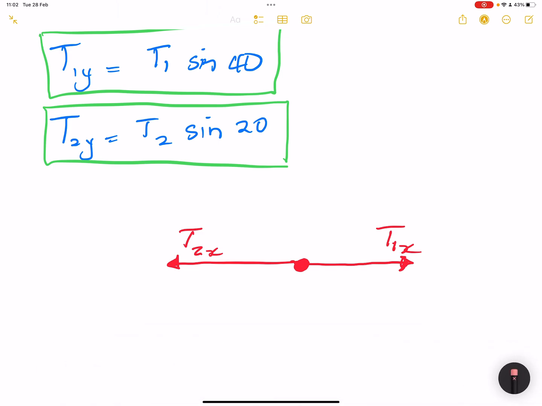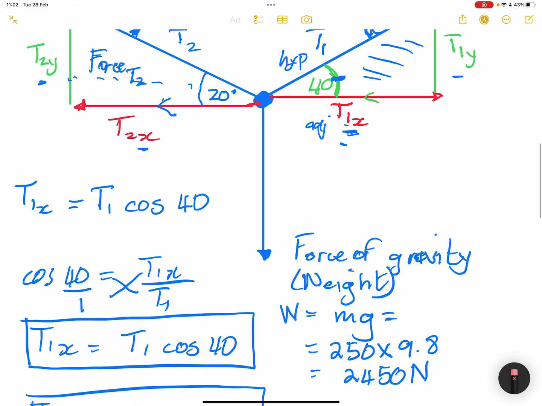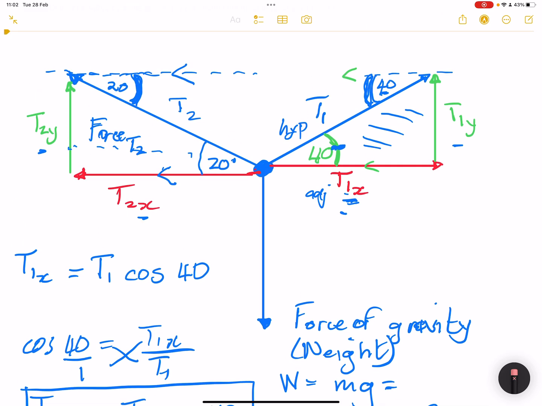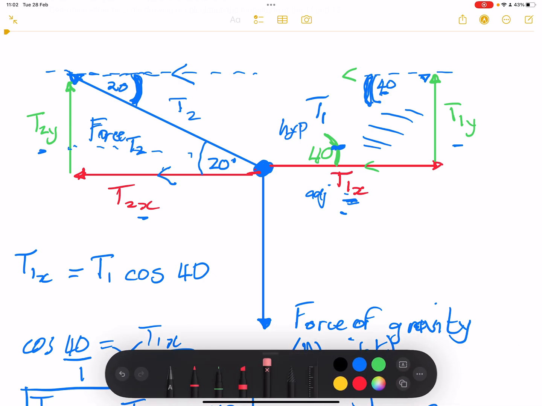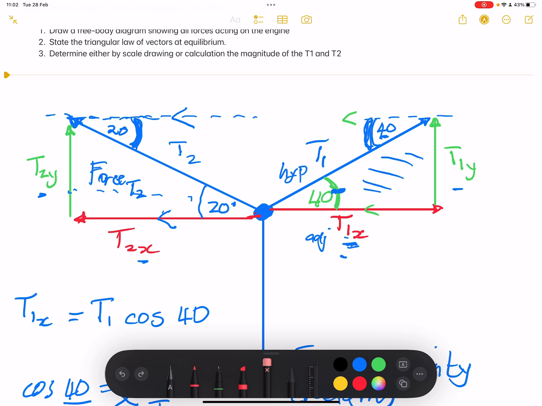But these are the only two forces acting horizontally. Remember what we are doing: we are only taking horizontal forces. We are replacing the forces that were acting at an angle by reducing them into their respective components.